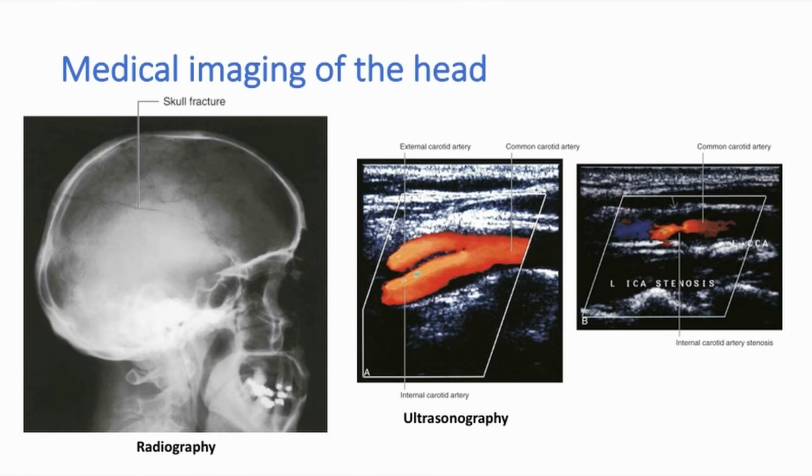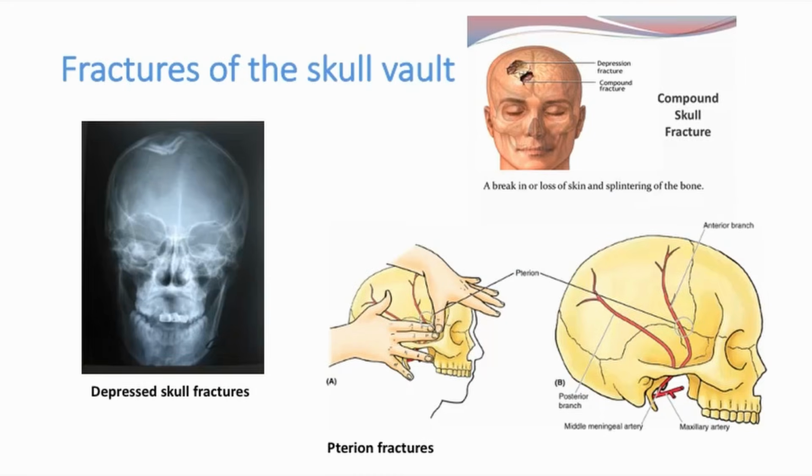We do Doppler studies, which help us detect if there's any type of clot or stenosis forming in the carotid arteries, which can help us predict or prevent strokes. So those are just a couple things about the imaging of the head.